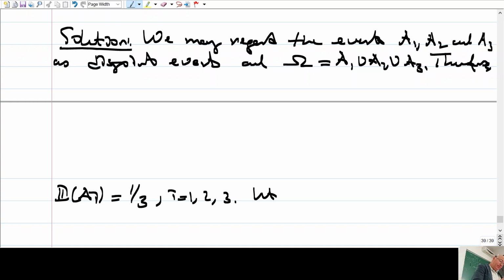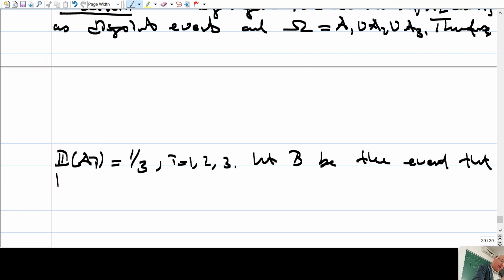Now let B be the event that the coin observed was gold.